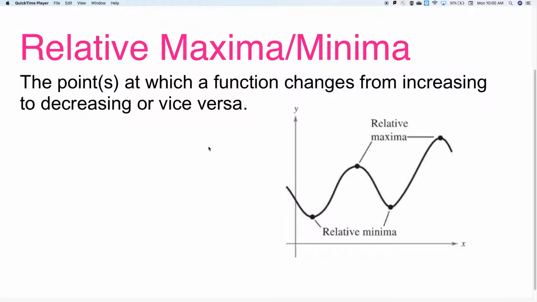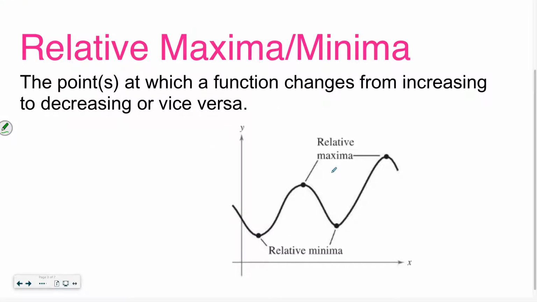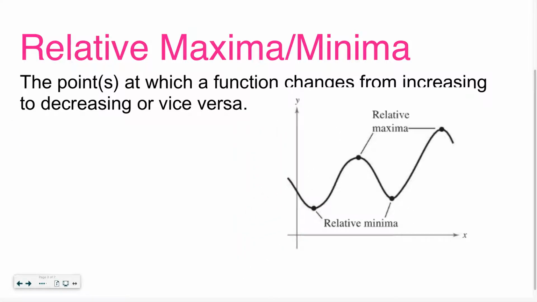identified as relative minima. So when we put the adjective relative in the front, it means relative to the graph around it. So if I just look at this relative maxima, obviously it's not the maximum for the function because there's another point that's higher than it, but relative to that graph around it, it is a maximum and it's where the graph is turning around.